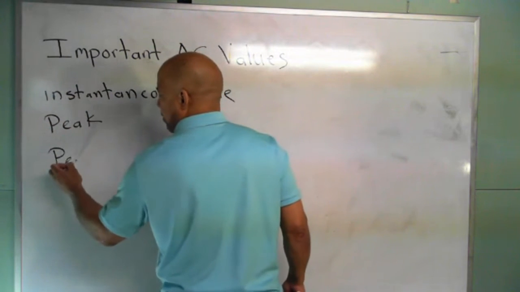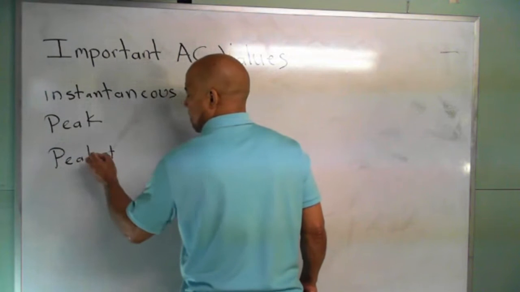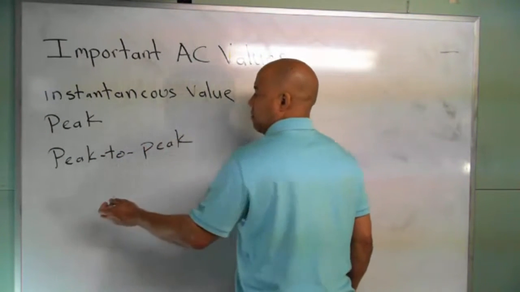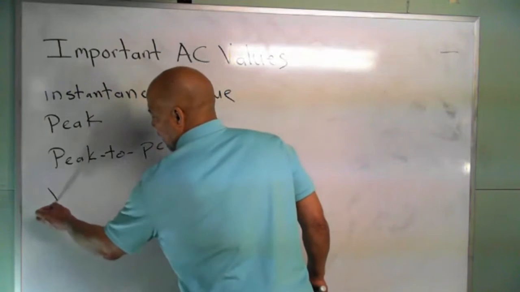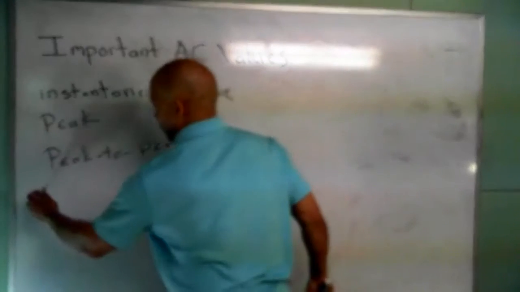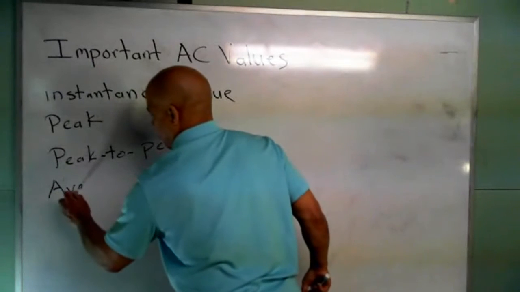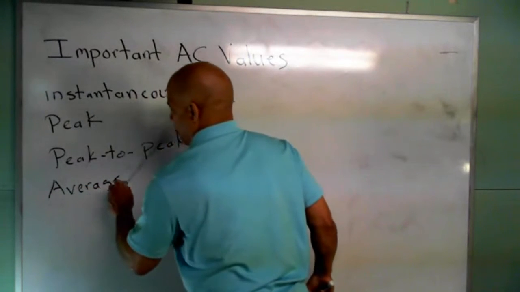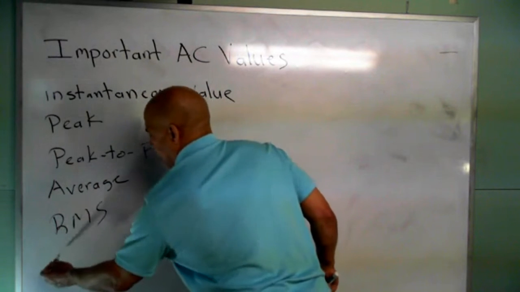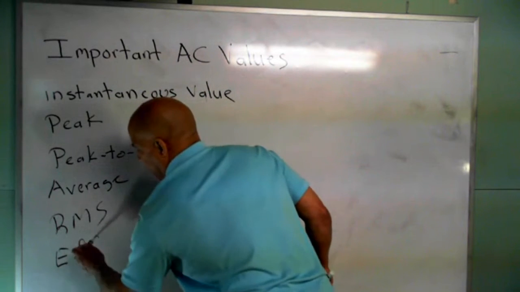There's the peak-to-peak value. There is the average value. And then there's the RMS value. This is also called the effective value.